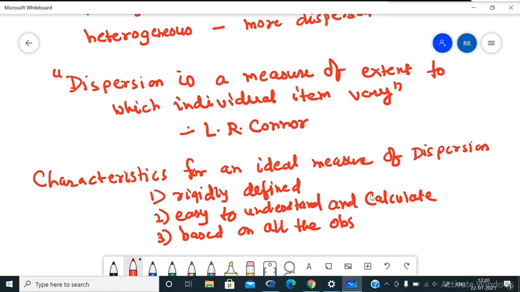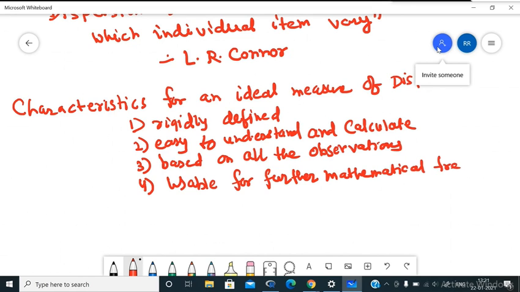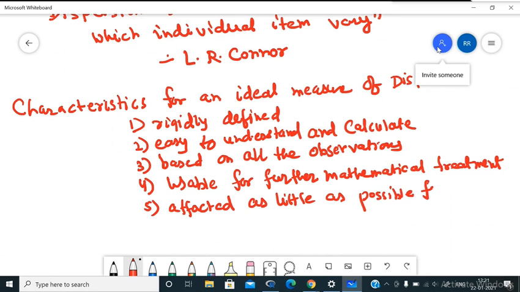Fourth is usable for further mathematical treatment, and fifth is effective, as little affected as possible by fluctuations of sampling.